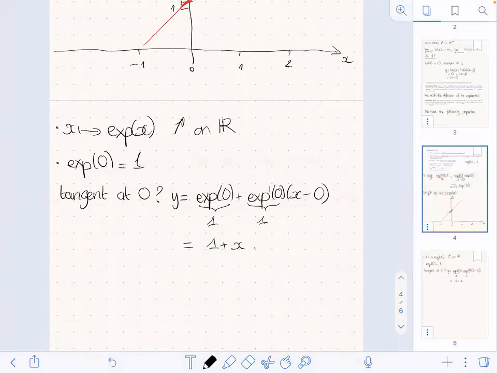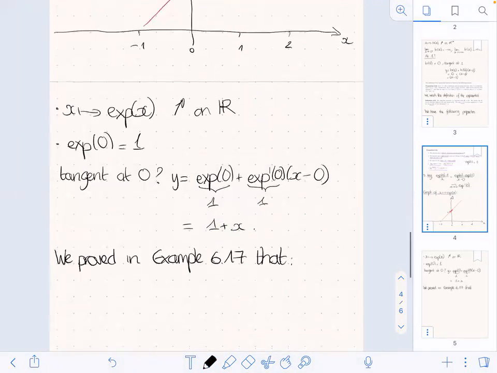In example 6.17, we proved that for any x in R, exponential of x is greater than 1 plus x.